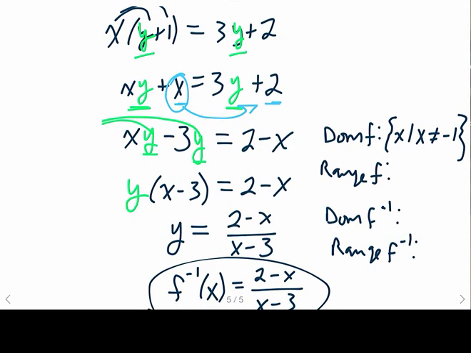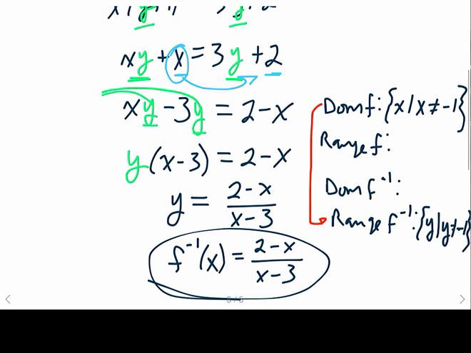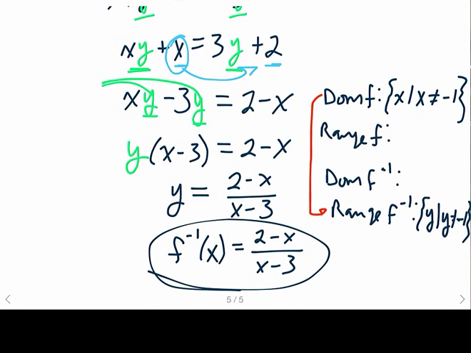Right now I'm going to use that to give me the range of f inverse. Remember, the inverse of a function switches domains and ranges. So the range of f inverse is going to be the set of y such that y does not equal negative 1. For the range of f, it's difficult to get that directly from its expression. But what I can get is the domain of f inverse.